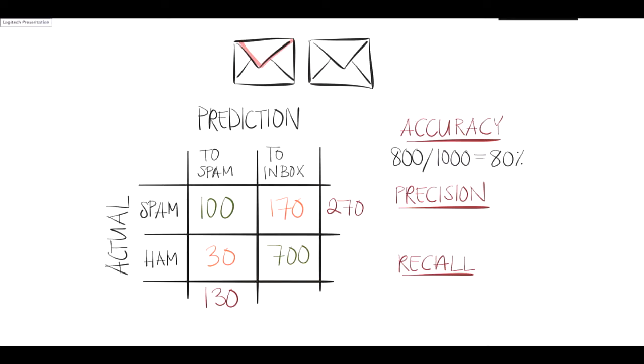But let's say, for example, you have something that's going to predict if you have cancer or not. Then it might actually be more important to send all the sick people, and some of the healthy people, to a doctor's appointment than to miss a few of the sick people.